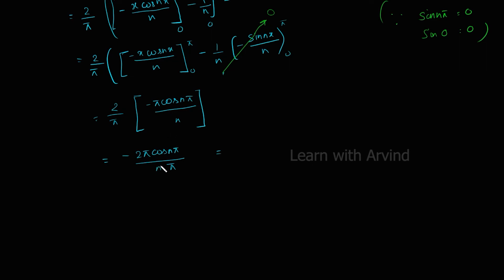Pi and pi would get cancelled. Cos n pi is given by minus 1 power n. Now we are writing minus 2 as plus 2 into minus 1, and cos n pi is given by minus 1 power n, the whole divided by n. Now adding the powers, we will be getting 2 by n minus 1 power n plus 1.